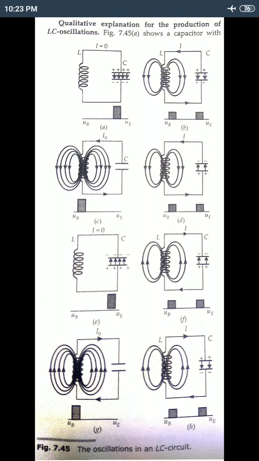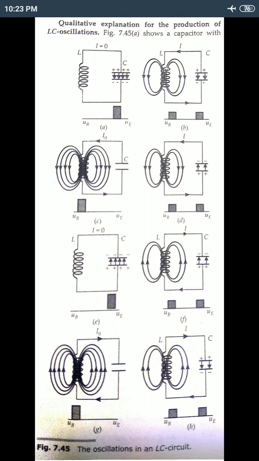So I will explain this first. In this circuit you see that initially a capacitor with some initial charge is connected with an ideal inductor. The electrical energy is stored inside the charged capacitor.